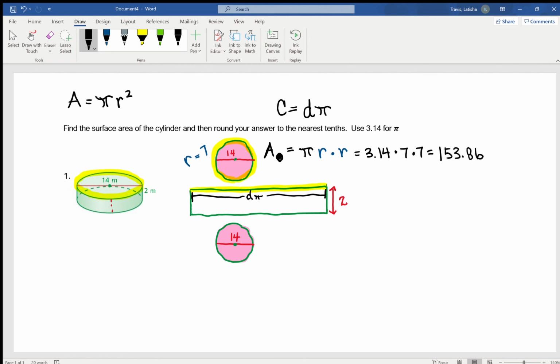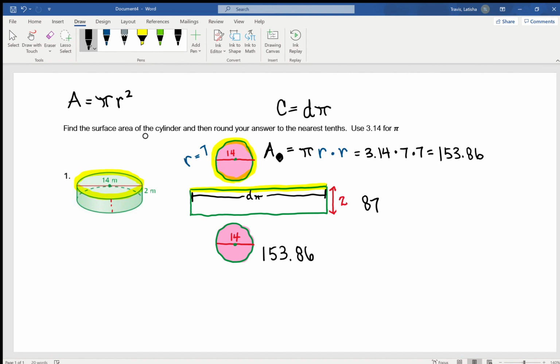Okay? So the bottom circle is congruent to that top circle. So this one is also 153 and 86 hundredths.